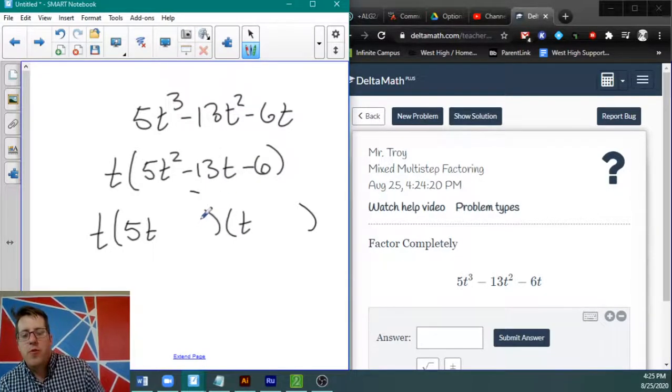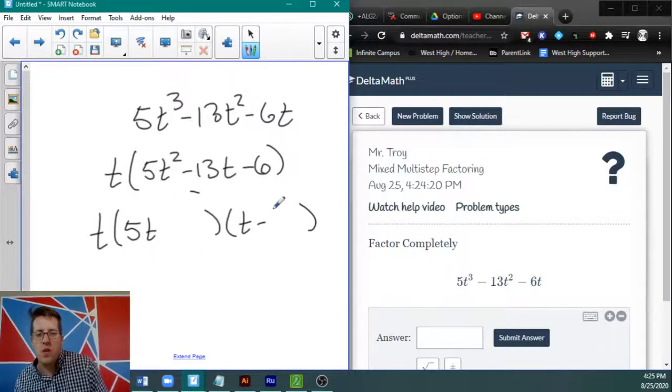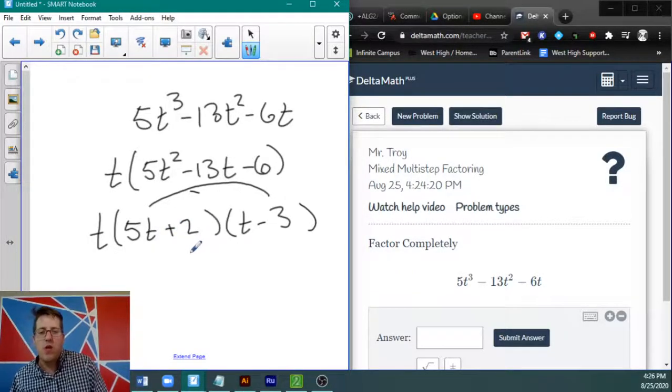So if you're doing this, you might say, okay, if I do plus 2 minus 3 to multiply to make negative 6, that would give me 10 minus 3, which would be positive 7, so not the right idea. So I'm actually going to do the negative 3 here, and that would multiply to make negative 15, and the positive 2 here. Negative 15 plus 2 is negative 13. So this is my final answer.